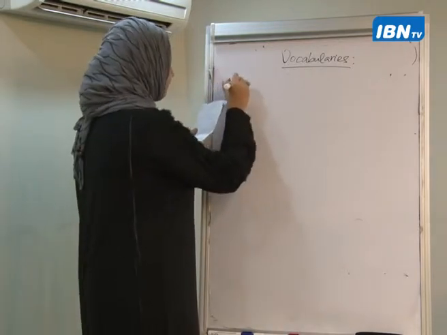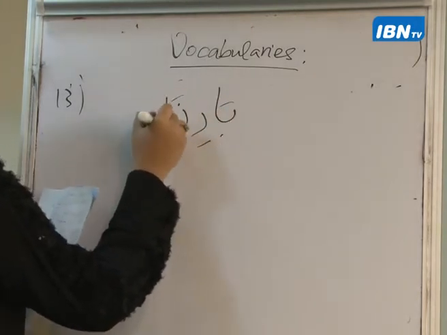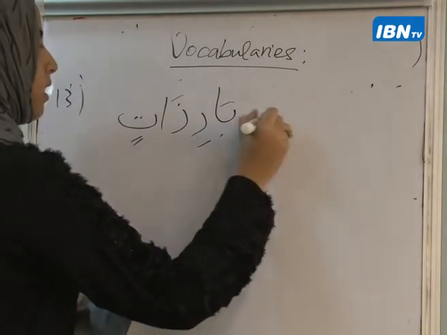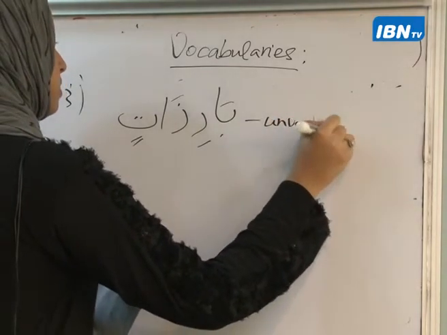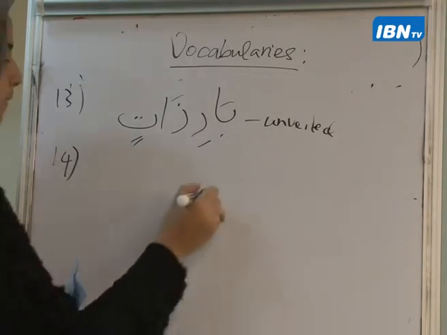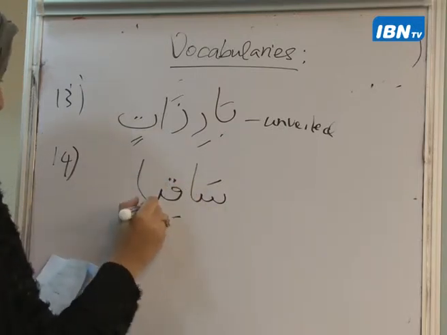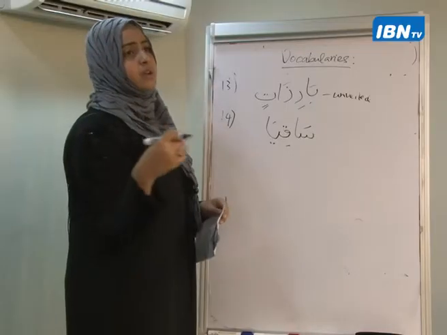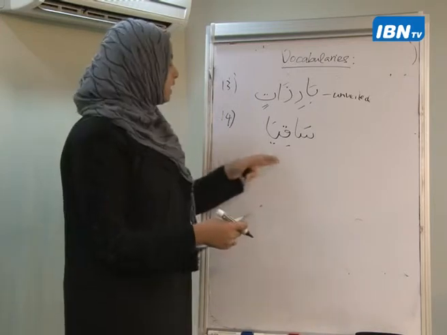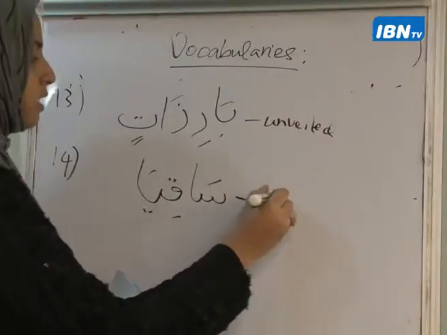Then we have the word barizatin. Barizatin means unveiled. Then we have the word saqiya. You know, in the nawhas we say saqaya, sakina, quencher of the thirst, of baby Sakina. So saqiya in Arabic means quencher, the one who quenches someone's thirst.